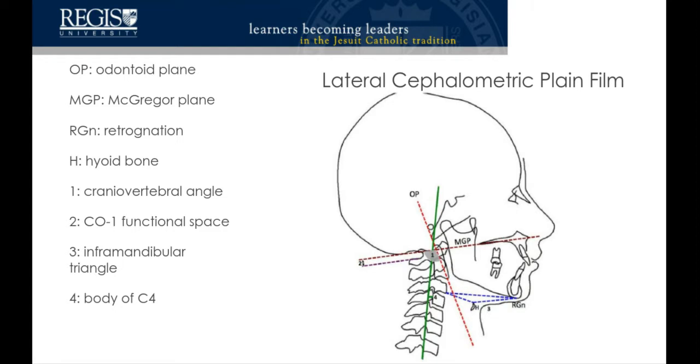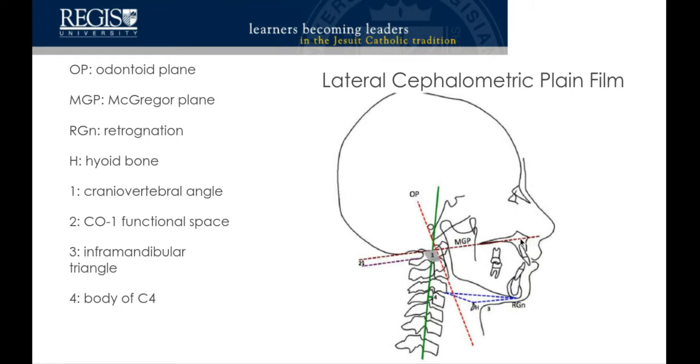So to start with, we'll draw the odontoid plane. This is a line that goes through the peak of the dens, through the anterior inferior point of the dens, or I guess you maybe say the body of C2. So it's not really a vertical line, but it's a straight line that has a vertical orientation to it. Then you have MGP. This is McGregor's plane.